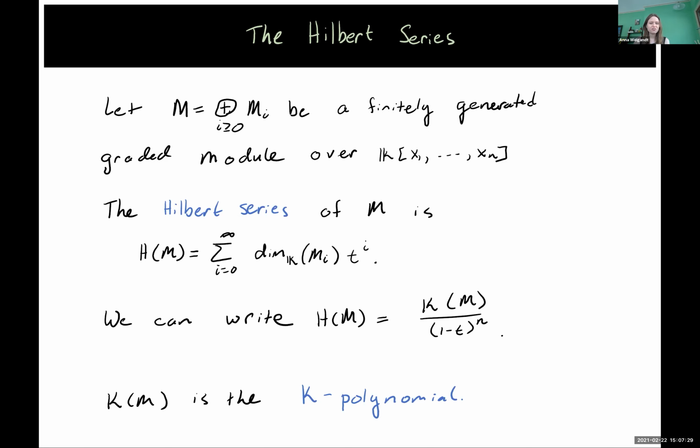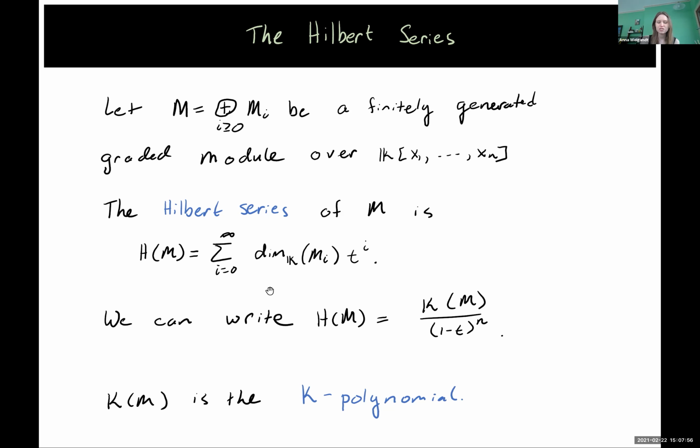And if you don't want to take resolutions, when you have nice enough modules, you can use another tool from commutative algebra called the Hilbert series. If you have a graded module over your polynomial ring, the Hilbert series is going to pick off the dimensions of these different graded pieces, thinking about them as a vector space over your ground field.